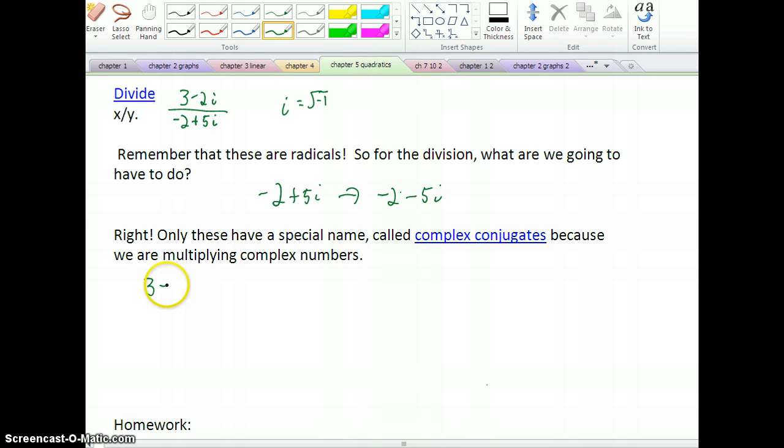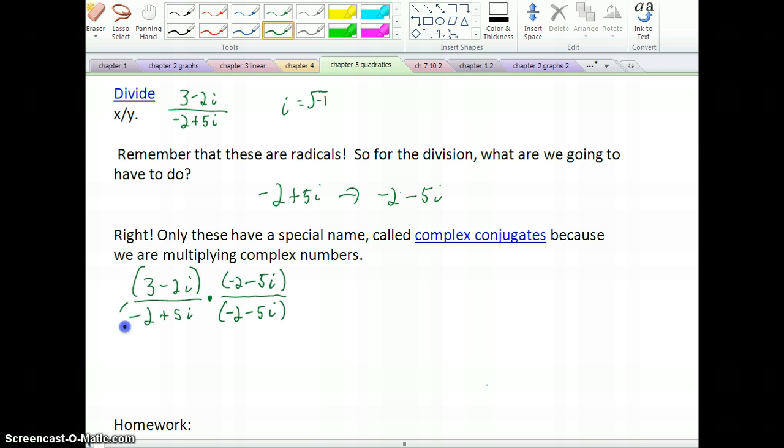So if we began with our simple division problem of 3 minus 2i over negative 2 plus 5i, what we have to do is multiply the numerator and the denominator of our fraction by the same thing. So we'll take negative 2 minus 5i on the top, and multiply by negative 2 minus 5i in the denominator.